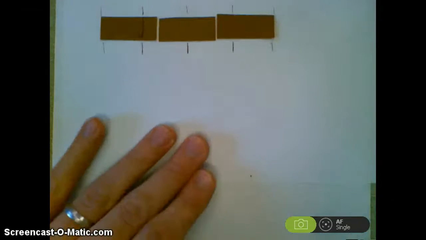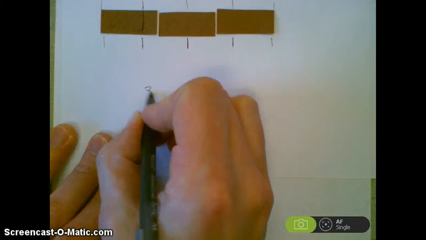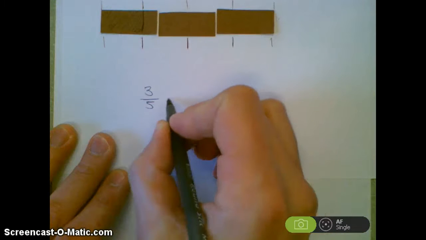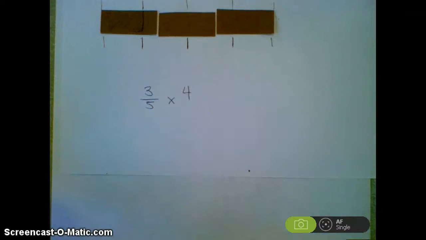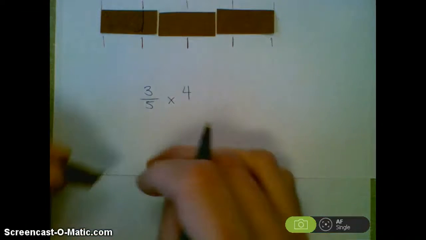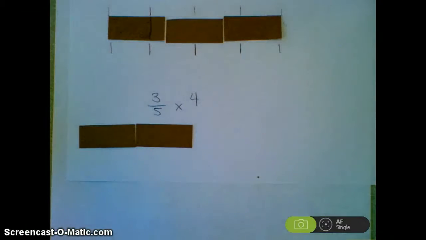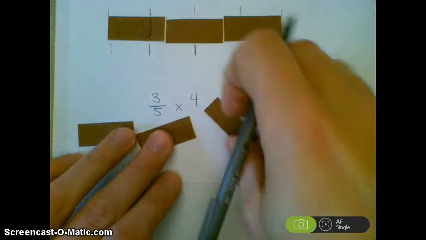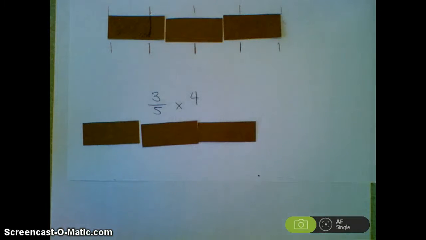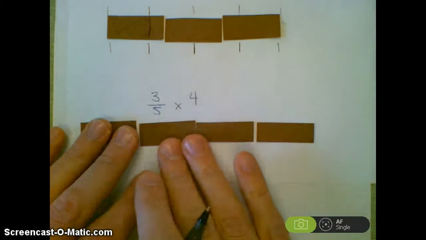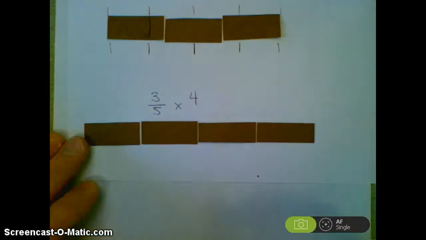Do another one here. Let's say I want 3/5 of 4. Okay, so I'm going to start with 1, 2, 3, 4 Milky Ways end to end. I'll try to divide this into 5 equal parts as best I can.